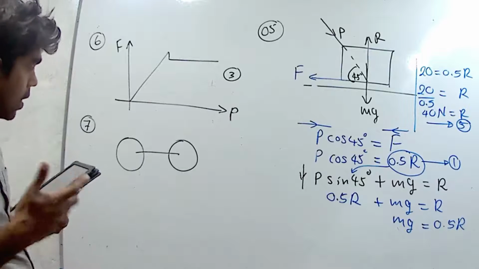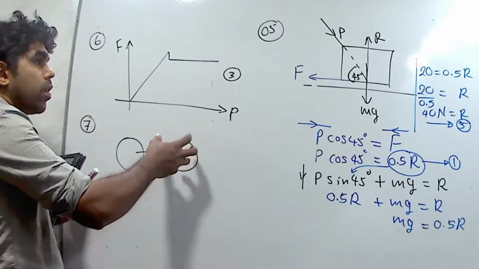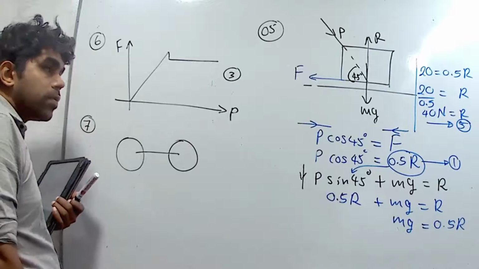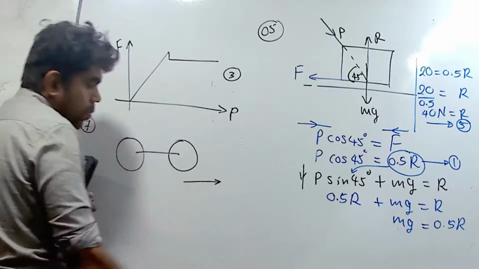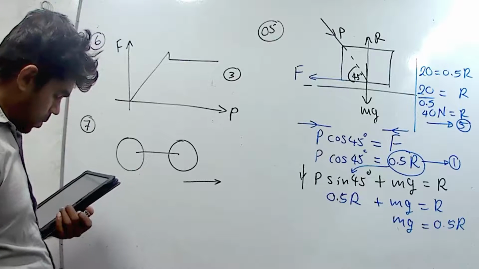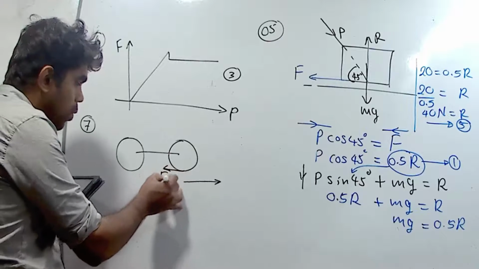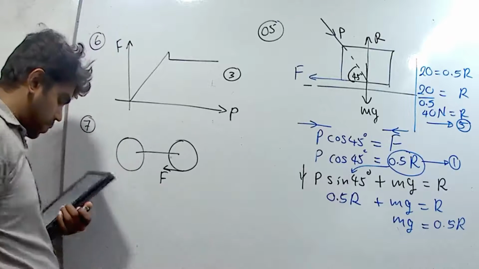To rotate the rear wheel, we have to give a force on the earth by the rear wheel to this side, and the frictional force on the rear wheel is equal and opposite to this force.